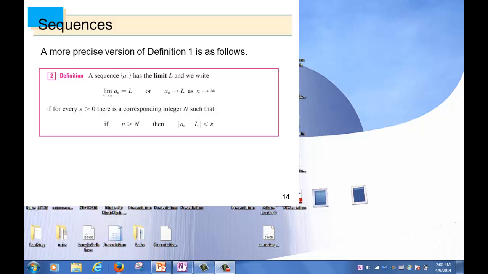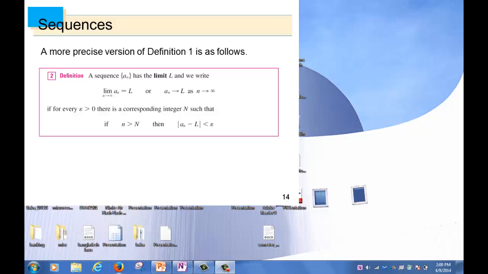Remember, I said as n gets larger and larger, the sequence gets closer and closer to L, right? But that statement is not precise enough, because how close? As n gets bigger and bigger, the terms of the sequence are getting closer and closer to L, but how close can you make the terms to L?